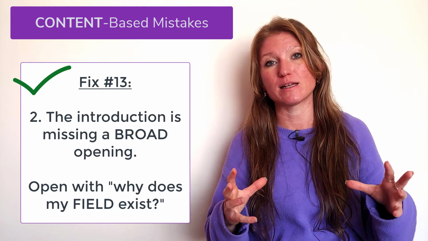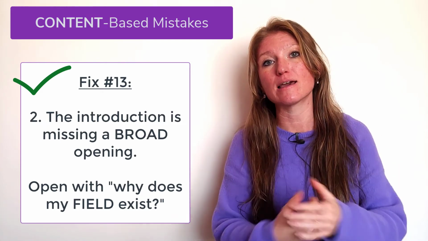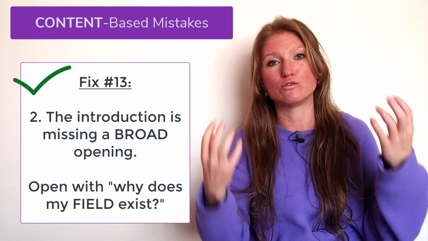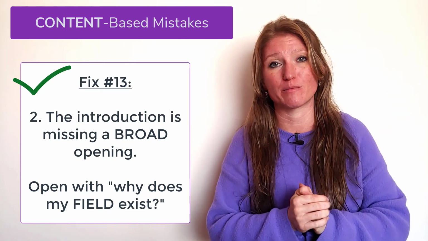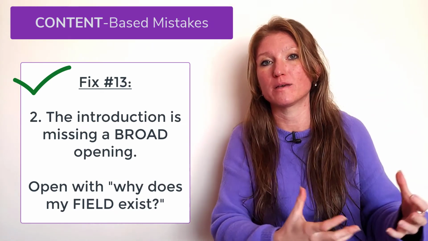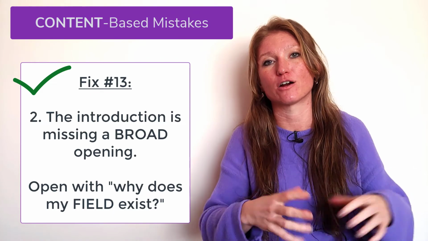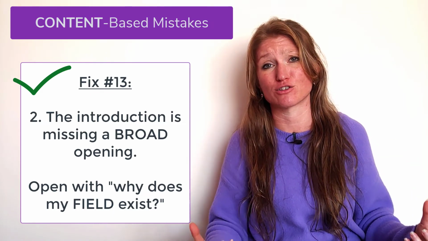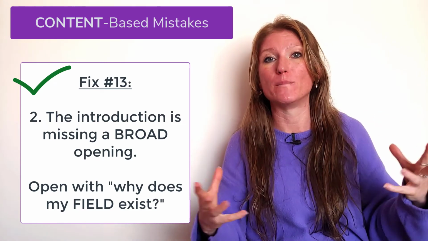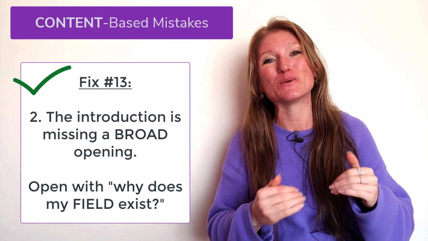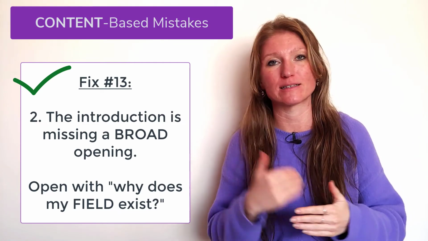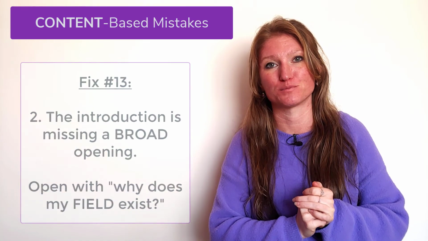So before we get into paragraphs explaining the importance of our research project and why we're doing this research project, we do want to make sure we have a short opening paragraph to our grant that answers the question of what problem is out there in the world that exists that our entire field of research exists to solve. Okay, so by putting this sort of broad statement, broad opening at the beginning of your introduction, you can make it much more clear why your field exists, which is going to directly help highlight the importance of your work.